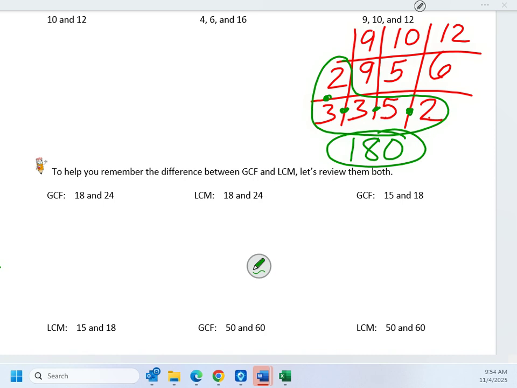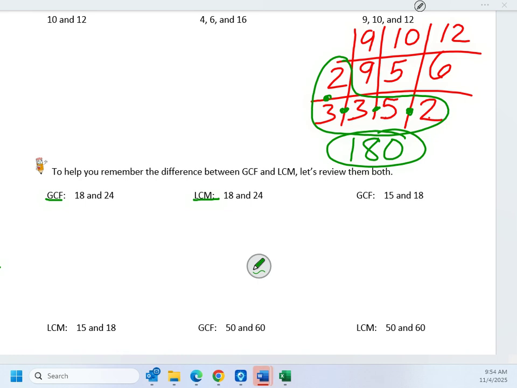Now, on the bottom, it says to help you remember the difference between the GCF. What is GCF? Jude? Greatest common factor, and the LCM. What's LCM, Jackson? Least common multiple. Remember, there's a difference between factors and multiples. So we're going to be doing both.